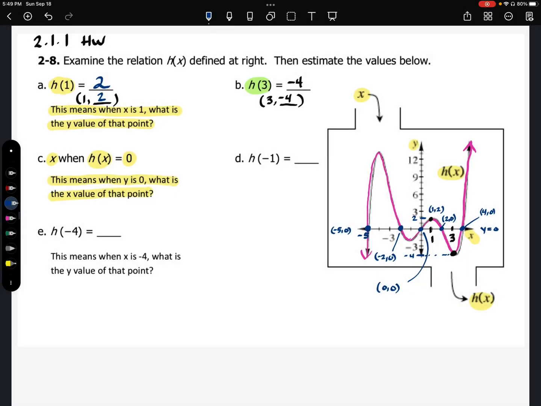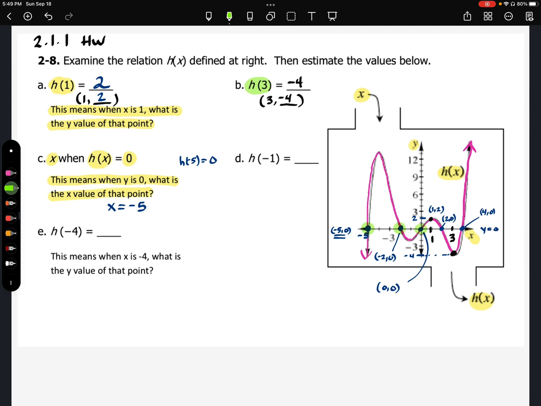So what would the value of x be? Well, it looks like it could have multiple values. It could be any of those x coordinates. Because if I said h of -5, we know that that output could be 0 because of that point here, (-5, 0). So we're going to list out all our values of x. We're going to say x could equal -5, so that was this one.